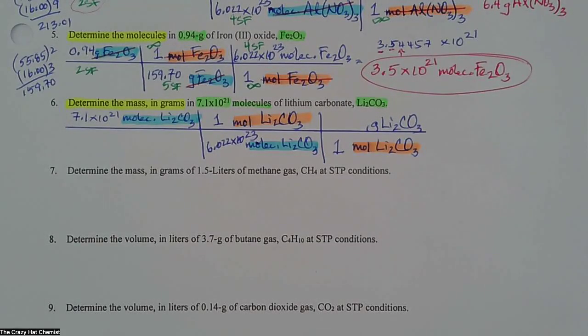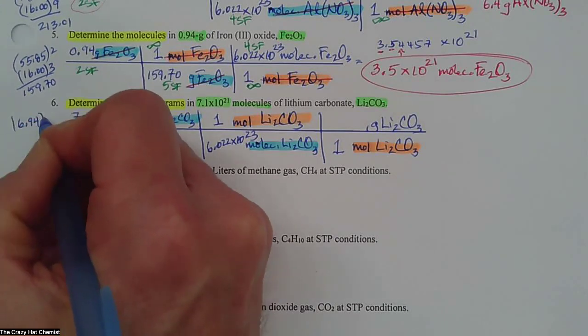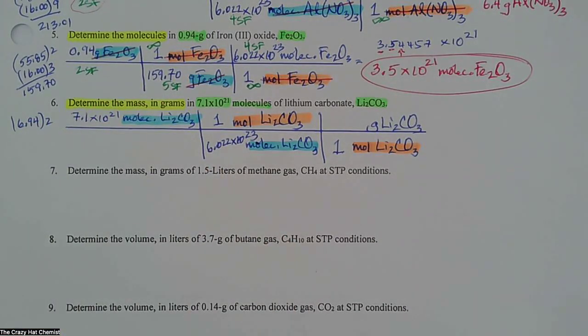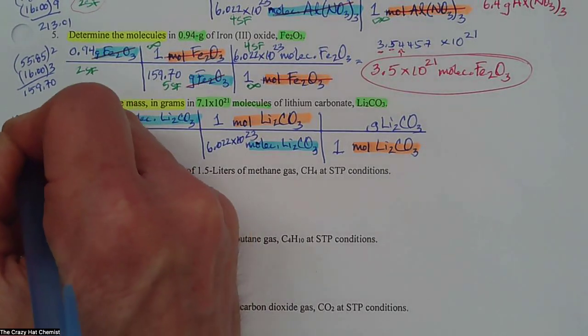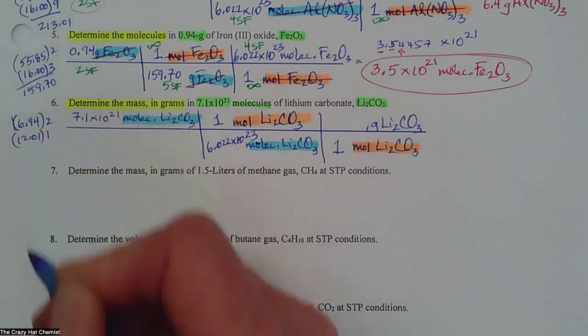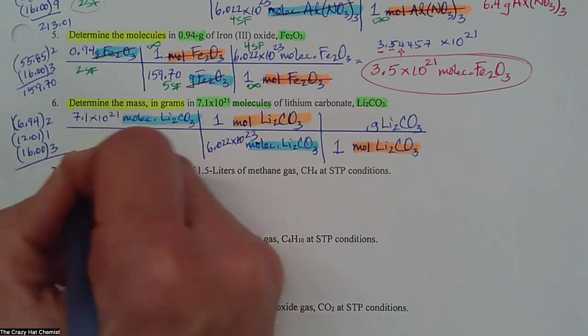Lithium is 6.94. There are 2 lithiums in this formula. Carbon is 12.01. There's 1 carbon in this, and oxygen is 16.00, and there are 3 of these.